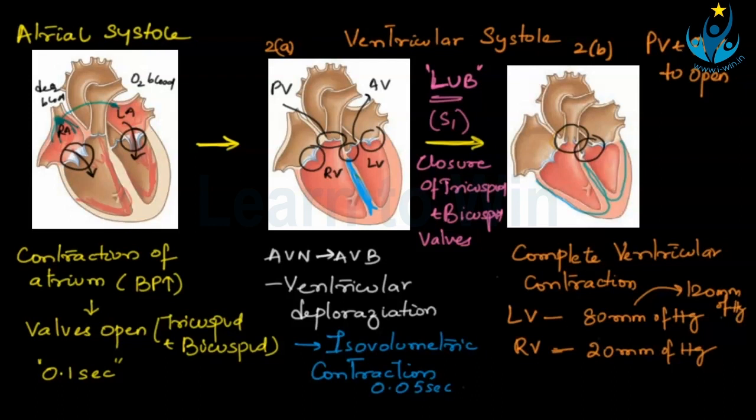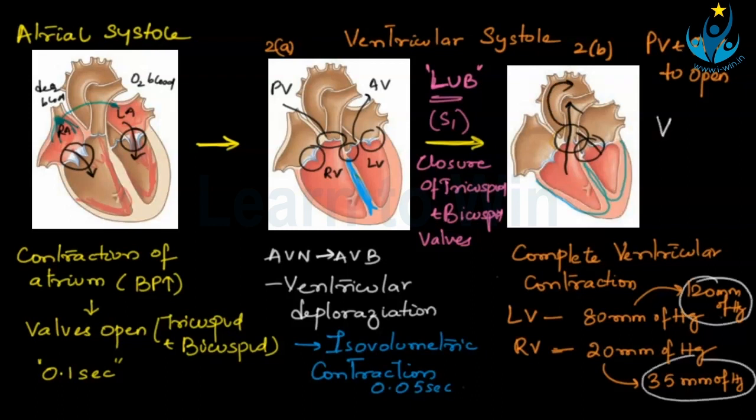The pressure of the left ventricle will reach 120, the pressure of the right ventricle will reach 35 mm, and then suddenly there will be ventricular ejection, where the blood from the right ventricle will flow into the pulmonary trunk and blood from the left ventricle will flow into the aorta. So at this high pressure, you will have ventricular ejection, that is pushing of the blood from the left and right ventricles into their respective systemic and pulmonary trunks.